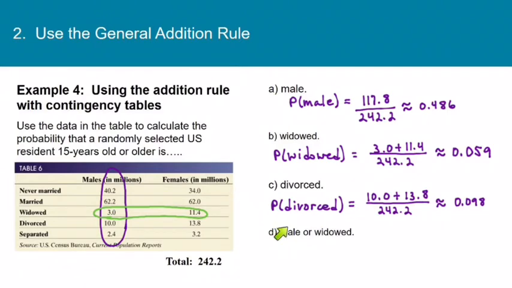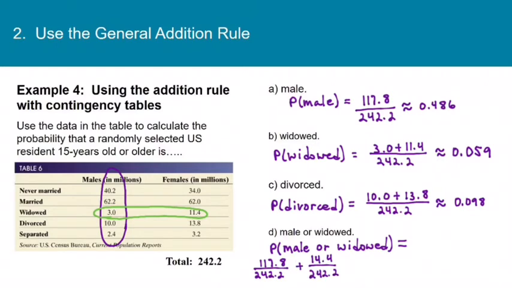The probability that a randomly selected resident 15 or older is male or widowed is the probability that he is male, which is 117.8 over 242.2, plus the probability that he is widowed, which is 14.4 over 242.2, and that 14.4 came from just adding these two numbers together, minus the probability that he is both.